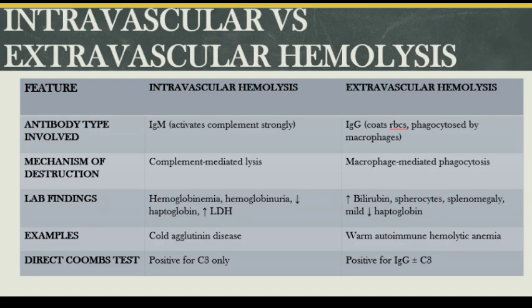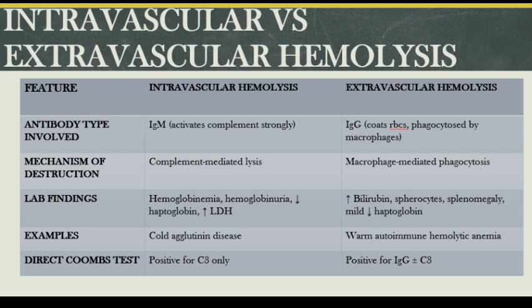Autoimmune hemolytic anemia can cause intravascular or extravascular hemolysis depending on the mechanism. Intravascular hemolysis is rapid and severe, with free hemoglobin released directly into the plasma and urine. Extravascular hemolysis is slower and macrophage mediated. Let's look at a quick comparison between the two. Hemoglobinuria is seen in intravascular hemolysis but not in extravascular.